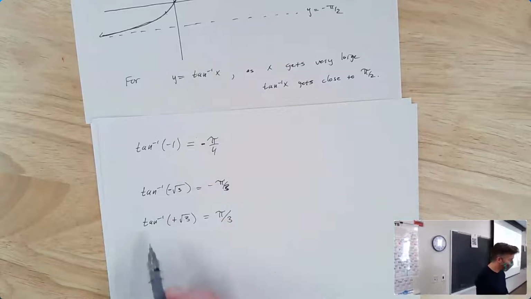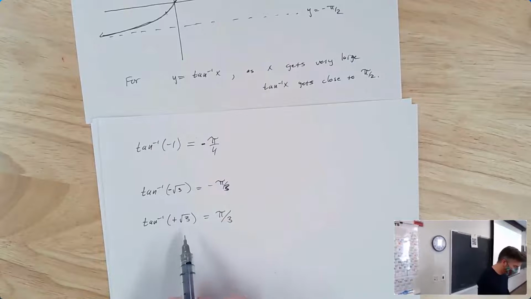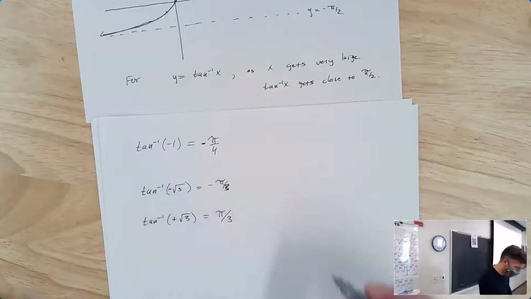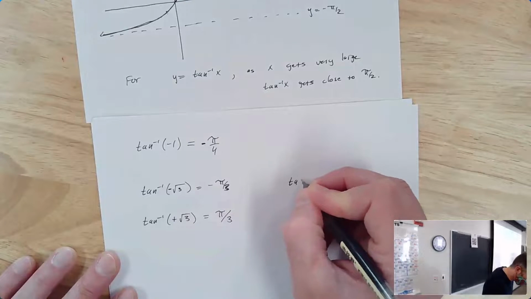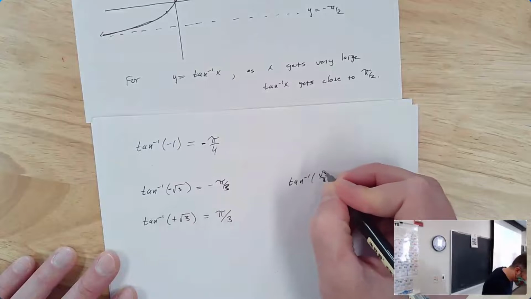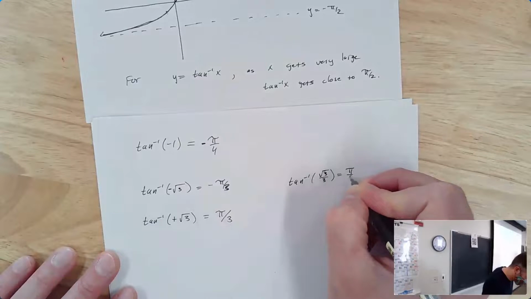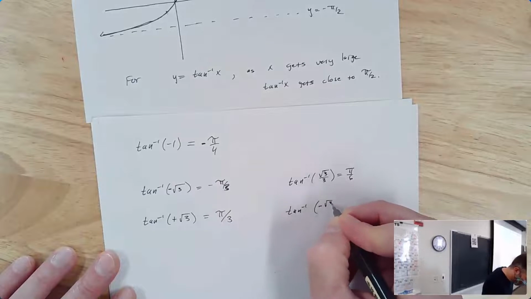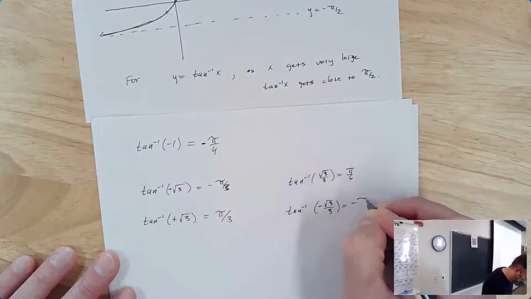So if you know inverse tangent of a positive value, it's very easy to get the inverse tangent of the corresponding negative value. In a similar way, if you know that the inverse tangent of root 3 over 3 is pi over 6, then the inverse tangent of negative root 3 over 3 is negative pi over 6.